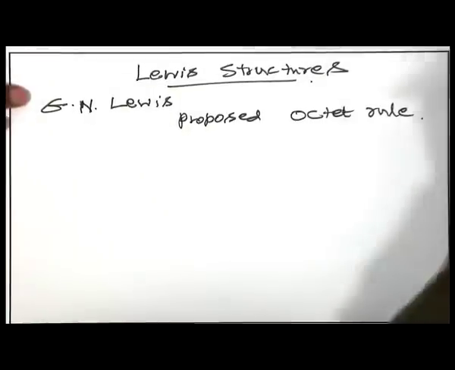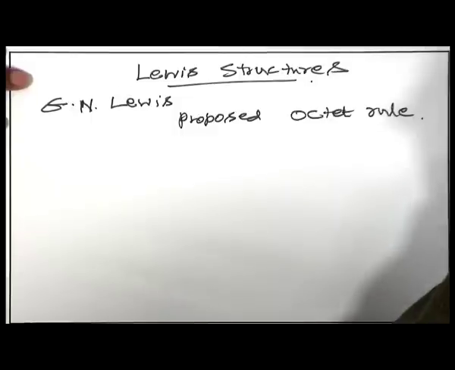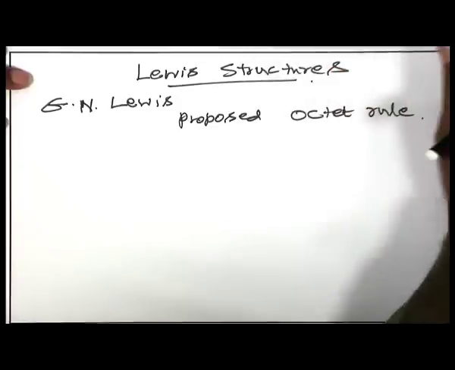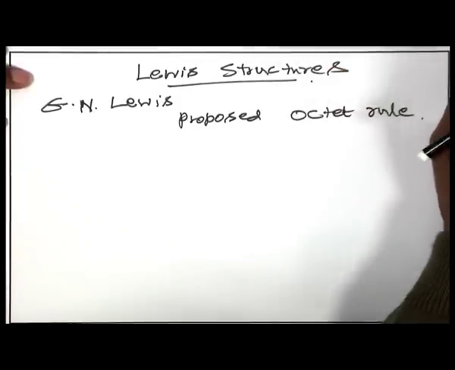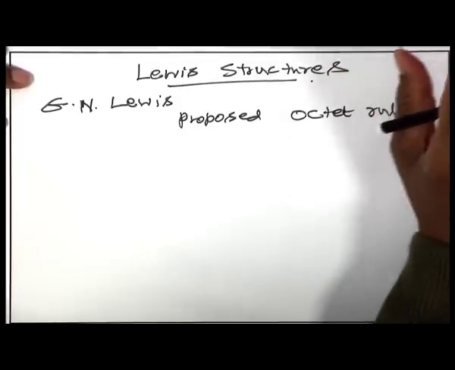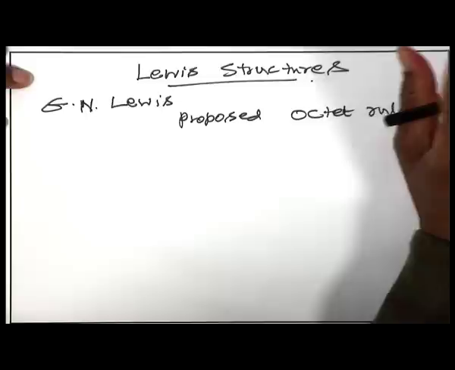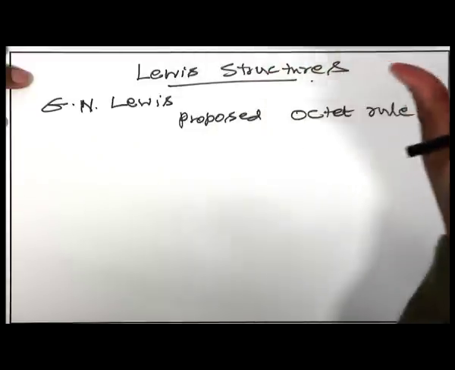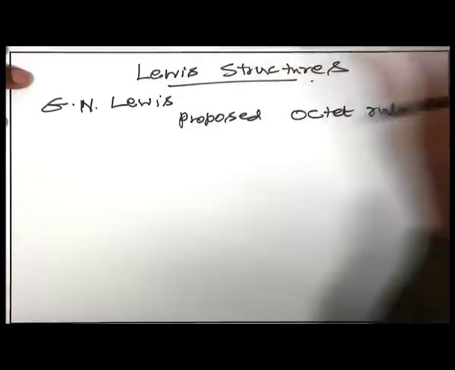He was the first person to show that bonds are formed by sharing of electrons. What he proposed is that to form a bond, 2 electrons are needed. So, by sharing 2 electrons between 2 atoms, a bond is formed.